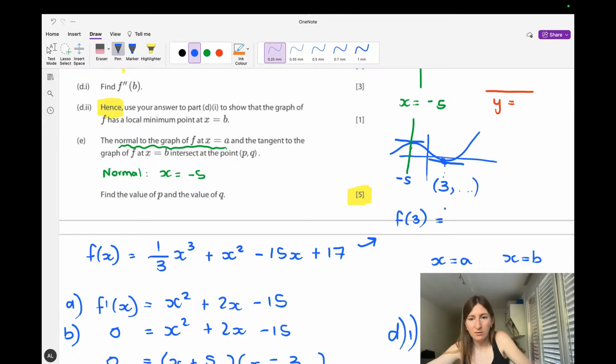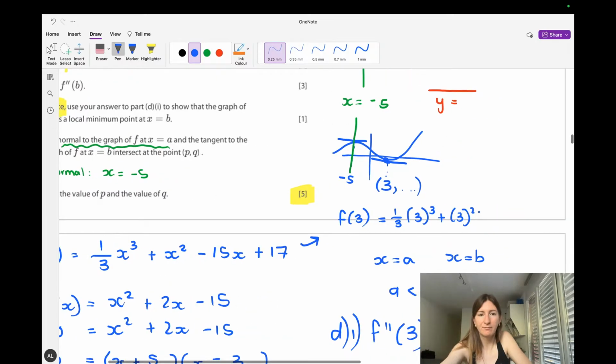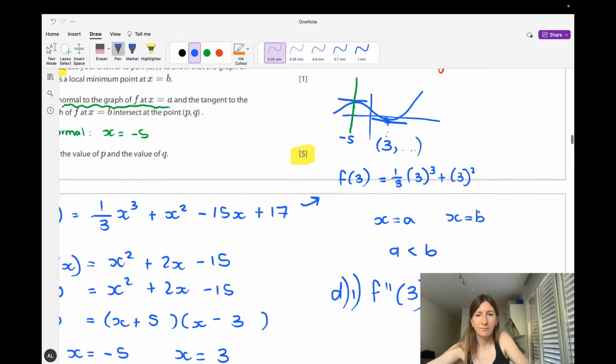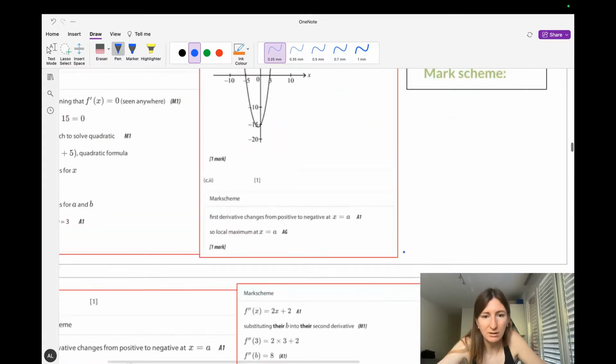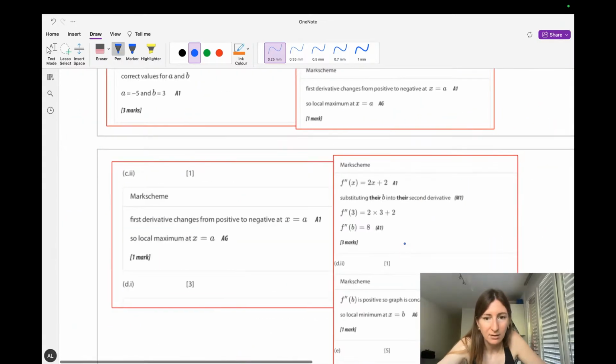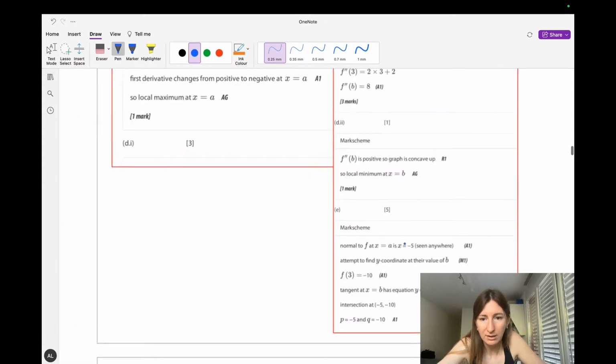So 1/3 times 3 to the power of 3 plus 3 to the power of 2 minus 15 times 3 plus 17. And if we simplify, can I cheat and just get it from here? I'm going to cheat and not calculate that.